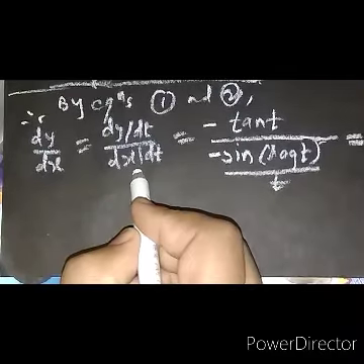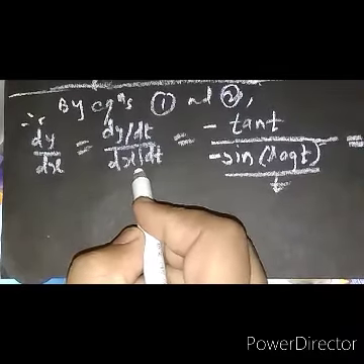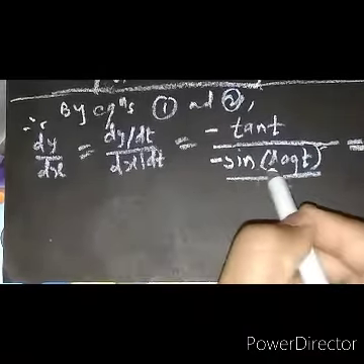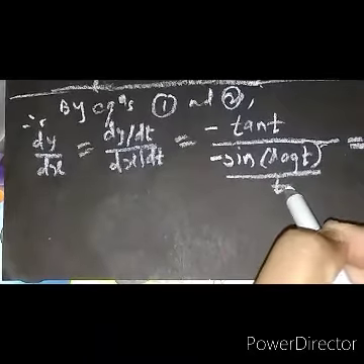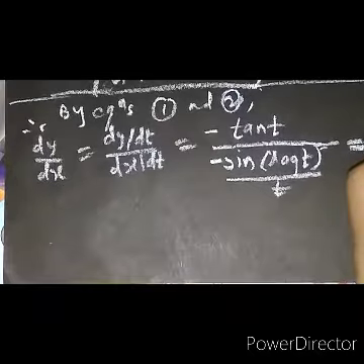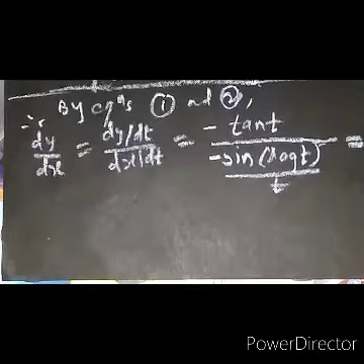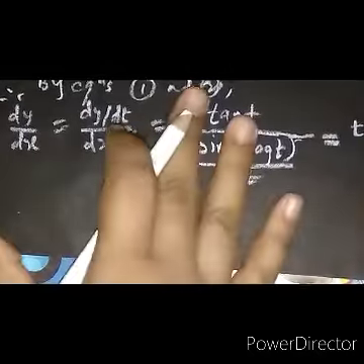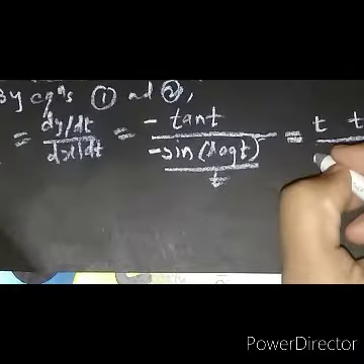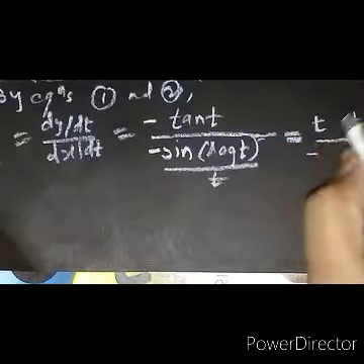Therefore, by equation 1 and 2, we can write dy by dx is equal to dy by dt upon dx by dt. So here we can put the value of dy by dt, that is minus tan t, and we can put the value of dx by dt, that is minus sin log t upon t. So by multiplicative inverse we can write t tan t upon minus sin log t. So here minus minus will get cancelled.